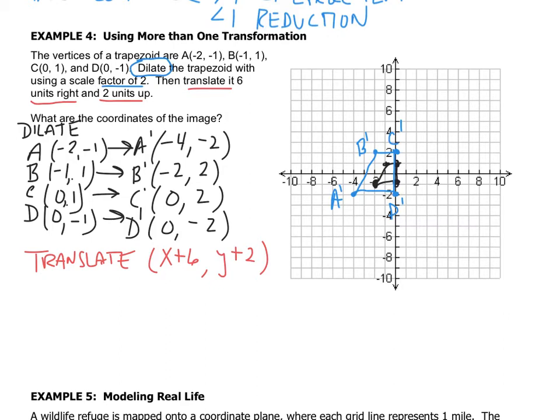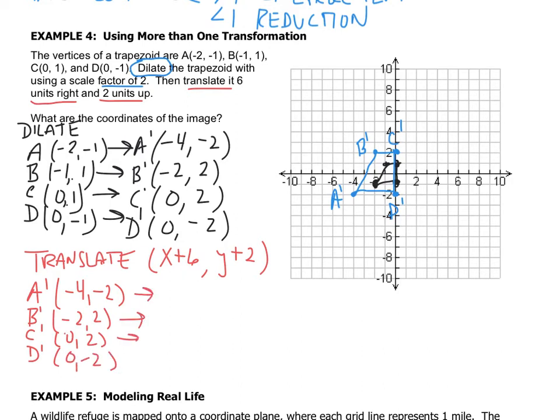So now remember, we are not starting back with our originals. We are now starting with our prime coordinates. So -4, -2, -2, 2, 0, 2, 0, negative 2. And then also remember, we're not going to have a prime, it'll be a double prime.